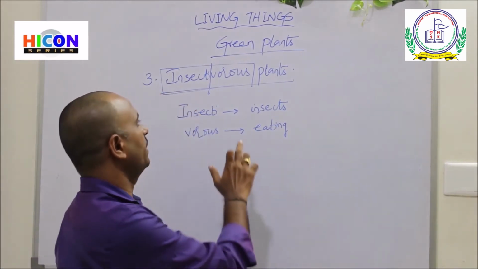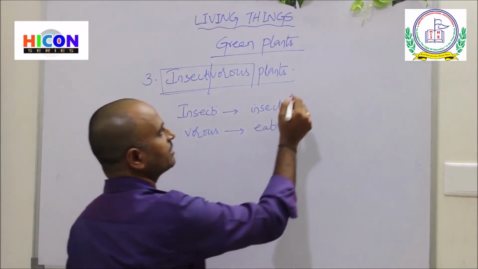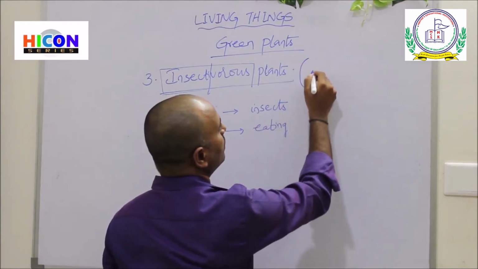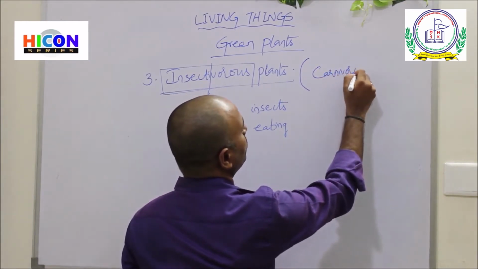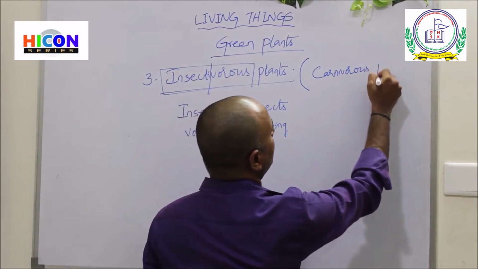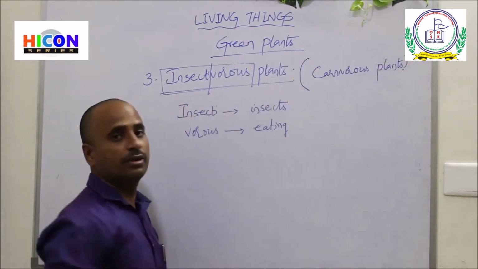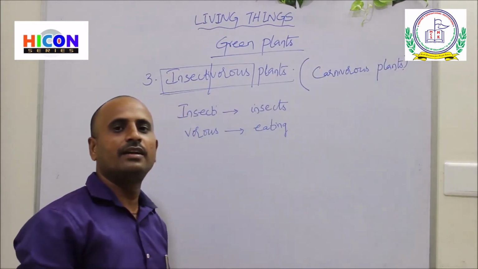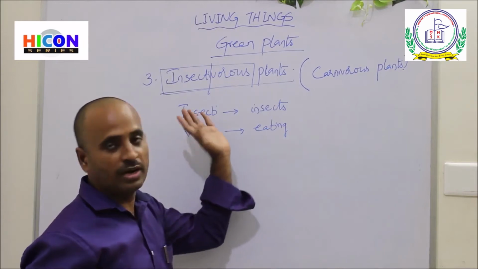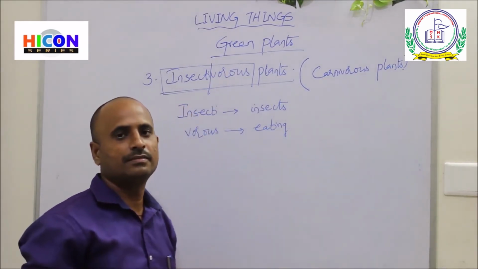These plants are also called carnivorous plants. So there are two names for these plants: insectivorous plants, and another name, carnivorous plants.